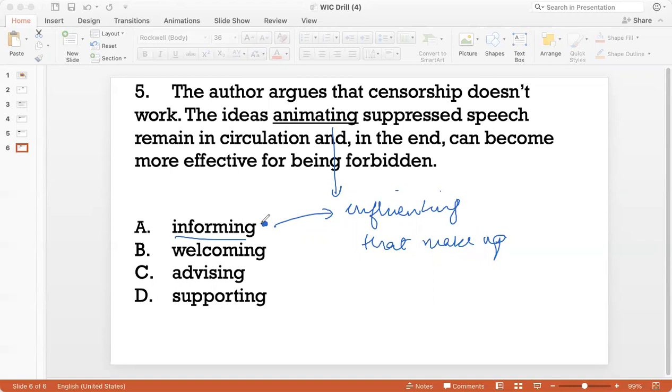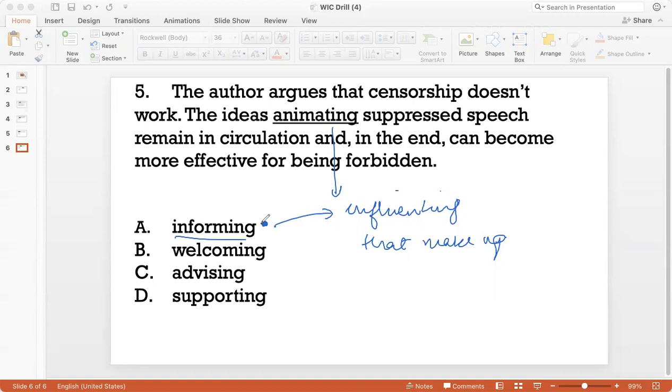Okay, to welcome, to advise, or to support, they don't really fit the context of ideas and speech, right? Ideas cannot advise speech. Advising is done by one person for another person. It's a human activity, right? Ideas can't really support speech in the sense of what we are trying to say, right? I'm not saying the ideas supporting speech.